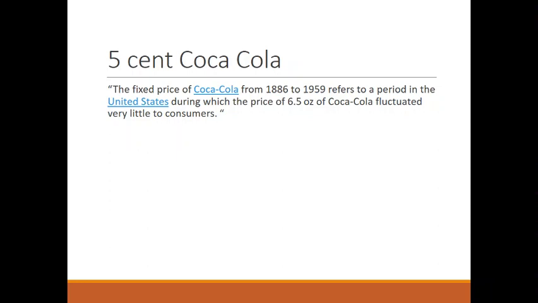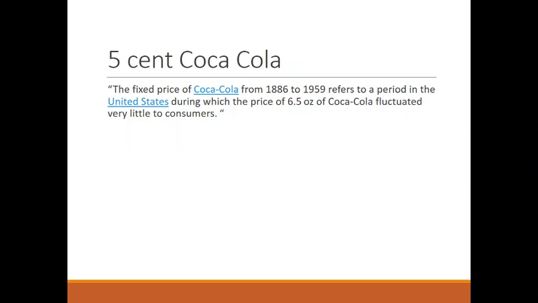There's a combination of factors for that, but a major contributing factor to the 5 cent Coke was that over this period, the United States had much lower inflation than we experience today. Inflation in the United States is not particularly large right now, but over that period, it was even less.